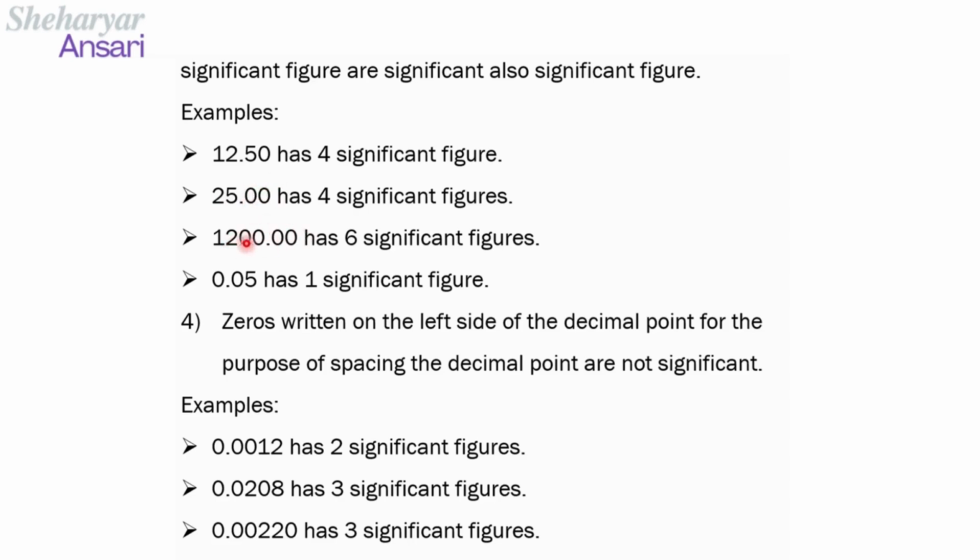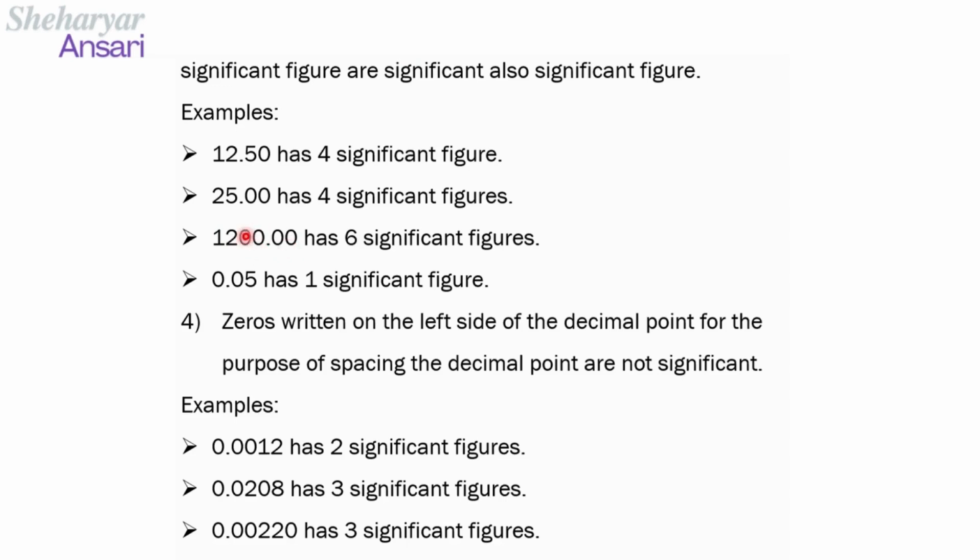Now let's see example number 3. 1 is a non-zero digit, it is a significant figure. 2 is a non-zero digit, that's why it is a significant figure. Now what about these 0s? We see the third rule. According to the third rule, both these zeros come after the decimal as well as after these two significant figures.